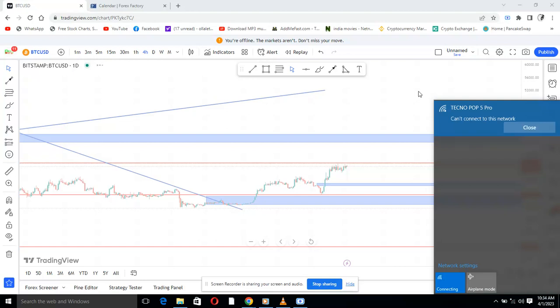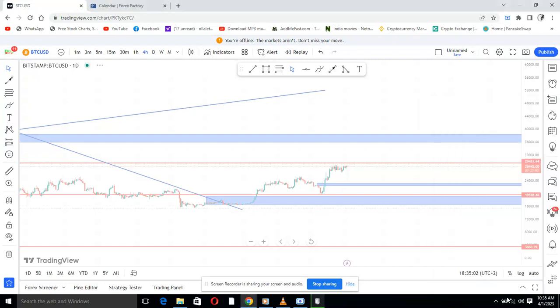Okay, let me just see why my network keeps me offline. So I'm trying to use a cable connection.